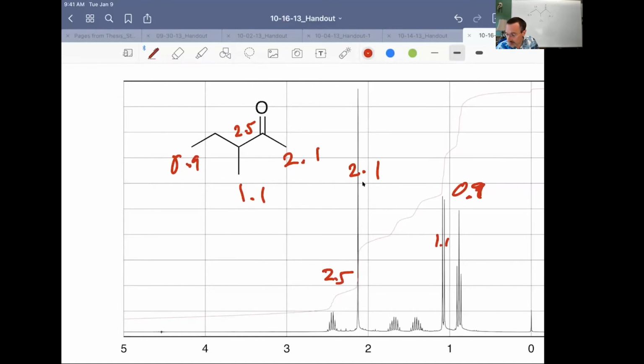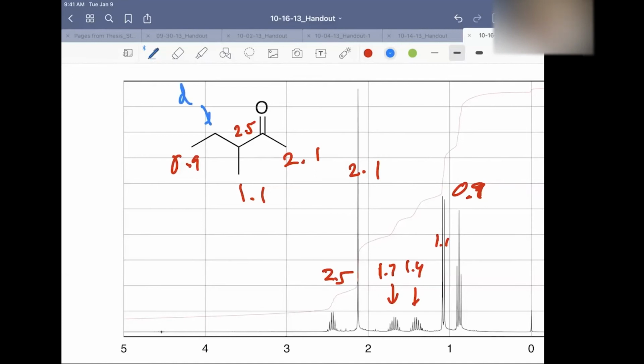And now we come down to these two peaks, one of them at 1.4 and one of them at 1.7. What's going on here? Are they diastereotopic? Yes, and that is the point that I want to bring us to. These here are diastereotopic protons.